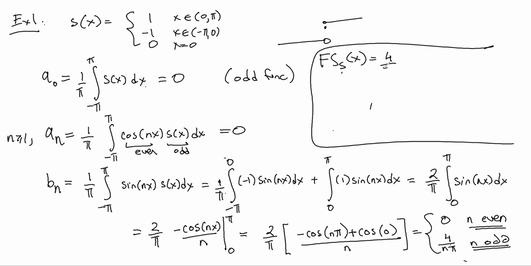So you have 4 over pi sine x plus 4 over 3 pi sine 3x plus 4 over 5 pi sine 5x, etc. That's the Fourier series. Now, what is this good for? It's just some old series that I defined. So I'll just state the punchline, and then we'll look at more examples and do some cool things next time.